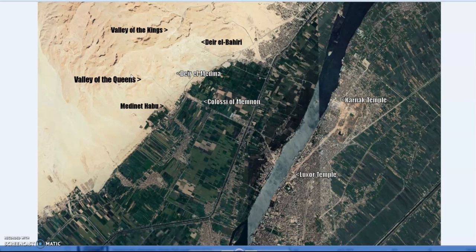It's the Theban Necropolis, as it's called. So this complex served these graveyards for the kings and queens in a very similar way that right next to the Giza pyramids we have, and all around them we have these necropolis sites, tombs and graveyards connected to the pyramids themselves. But let's begin.